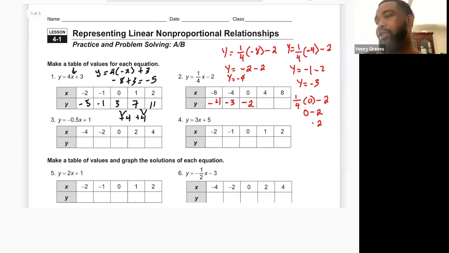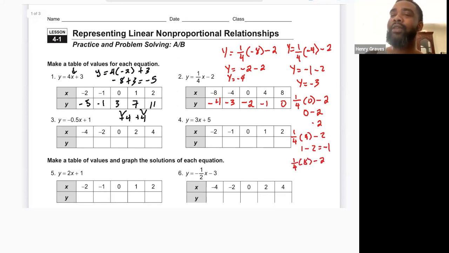So if that's the case, this would be -1 and this would be 0, but I still need to check my work, right? So I'm going to do 1/4 times 4 minus 2. 1/4 of 4 is just 1, and 1 minus 2 is -1. Yay, I was right. Then we'll do 1/4 of 8 minus 2. So that's going to be 2 minus 2, which is 0. So I was right. So that's how I do those ones, okay?